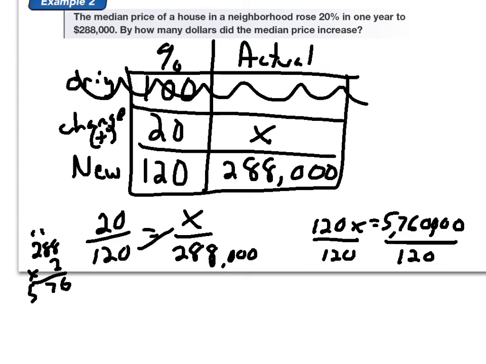Okay, well, first thing I should see is that I'm going to be able to knock off a 0 on the end to make my life a little easier here. So I'm going to take 576,000 and divide that by 12. Well, 12 goes into 57 4 times. 12 times 4 is 48.